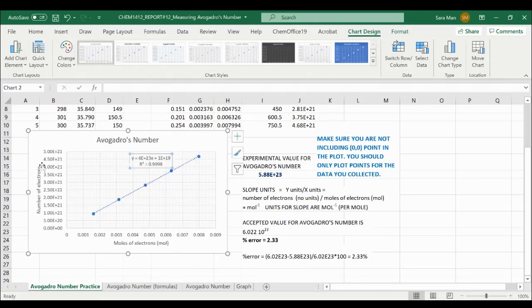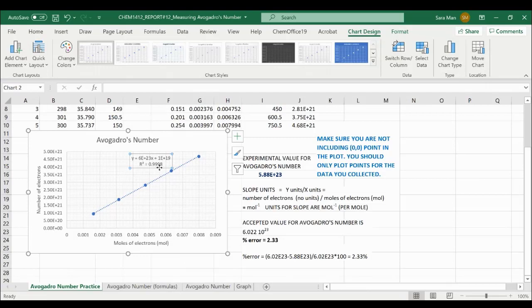So look at the equation. What is the Avogadro's number? The Avogadro number is the slope. In this case, it is 6 raised to the 23rd power.